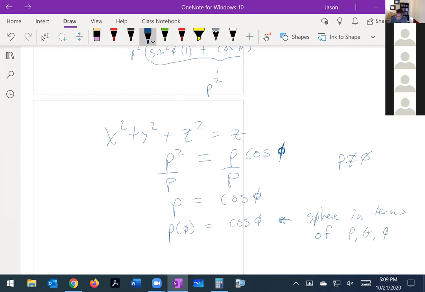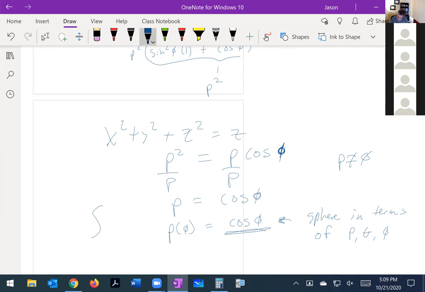Okay, so then how would I find the top surface of my ice cream cone? Well, that's just going to be cosine of phi. Rho is going to be a function of phi.